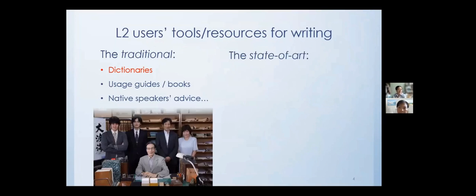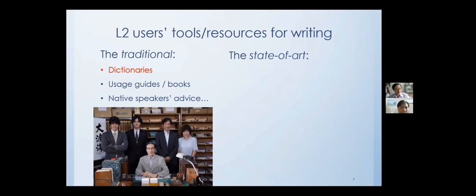So in terms of language learning and writing for L2 users, the primary resource is the dictionary. There's an award-winning beautiful movie recently shot in Japan. The lexicographers were making a significant project called 大渡海 in Chinese.